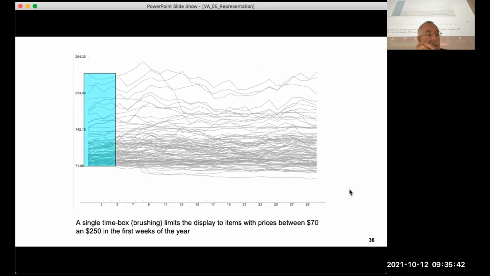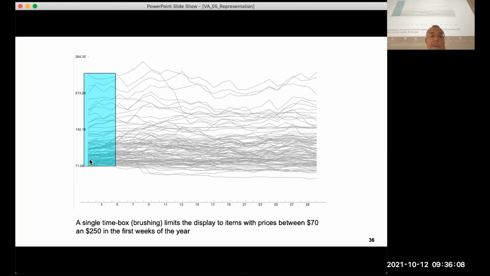And here there is a nice example of brushing. You go here, you brush, this is a typical way: you draw a rectangle, and you include in the result all the lines that are in this rectangle. And here we are selecting both in time and in money.